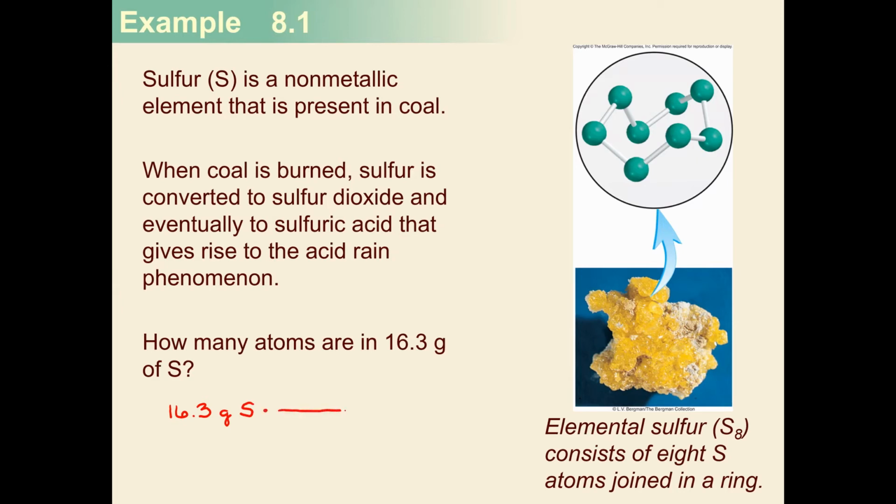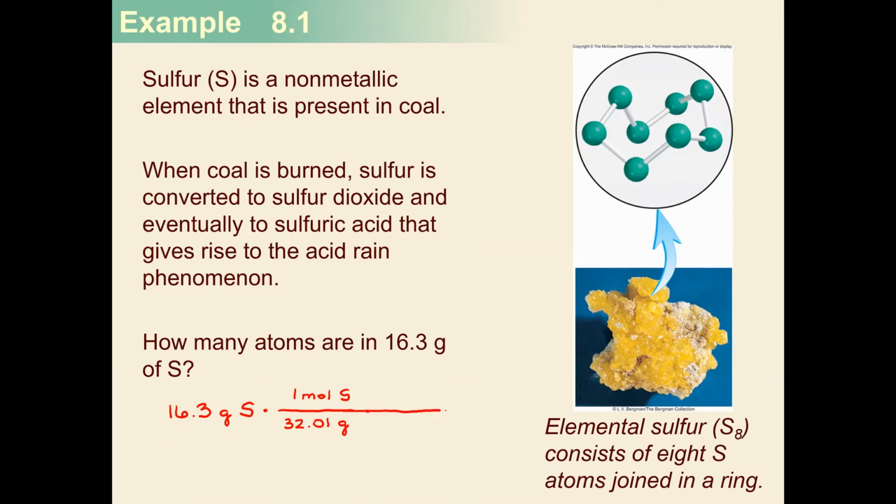So what we are going to do is say that we have 1 mole of sulfur over the molar mass of our sulfur, which is going to be 32.01 grams of sulfur. So now we've gotten to moles, but that's not what we're asking for. We need to go to atoms.